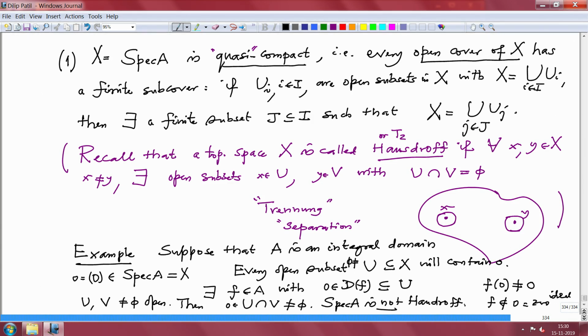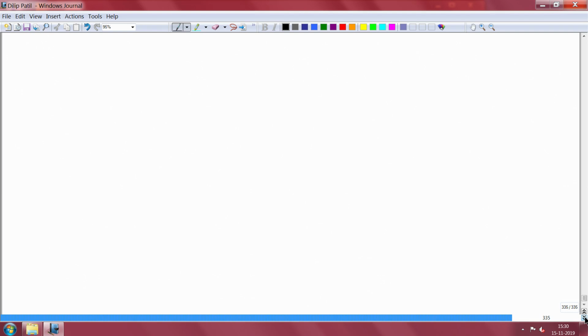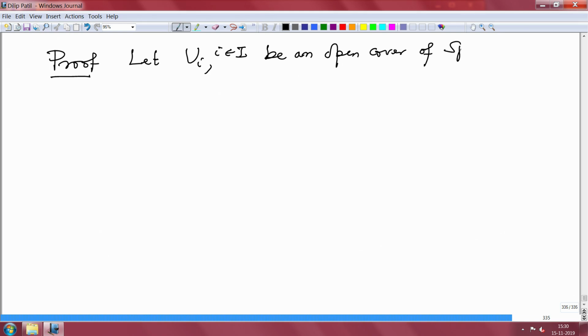Alright. So, now we want to prove this assertion that they are quasi compact, means every open cover has a finite subcover. So, we are proving that now. So, proof. Let U_i, i in I be an open cover of Spec A, which I will call X, and we want to check that finitely many U_i's will cover X already.